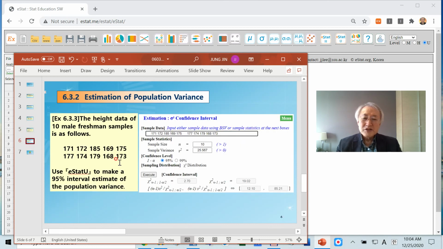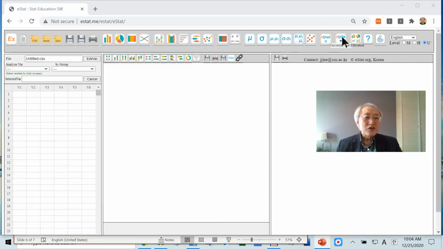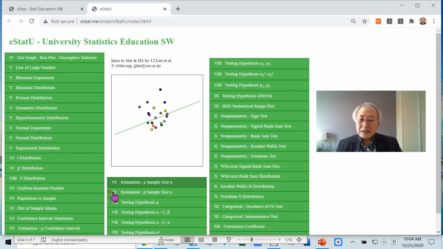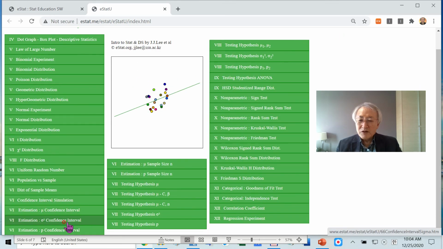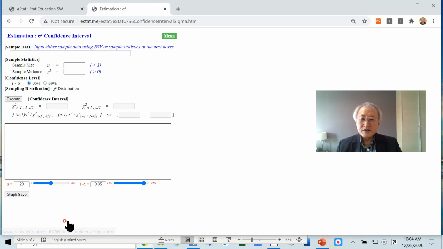How about this example? Suppose you have real data. E-stat has a good module to calculate confidence intervals. Let's look at that. Let's copy this number. Let's go to E-stat and then estimation for variance.